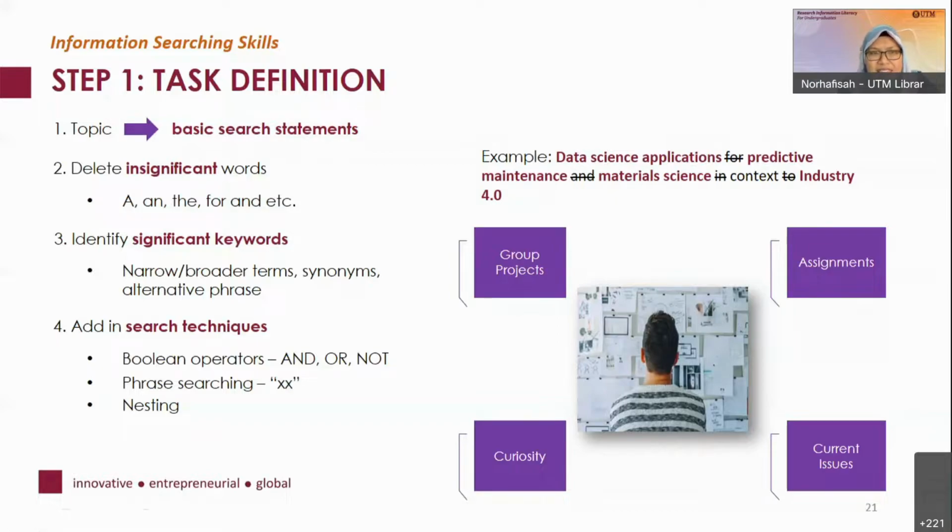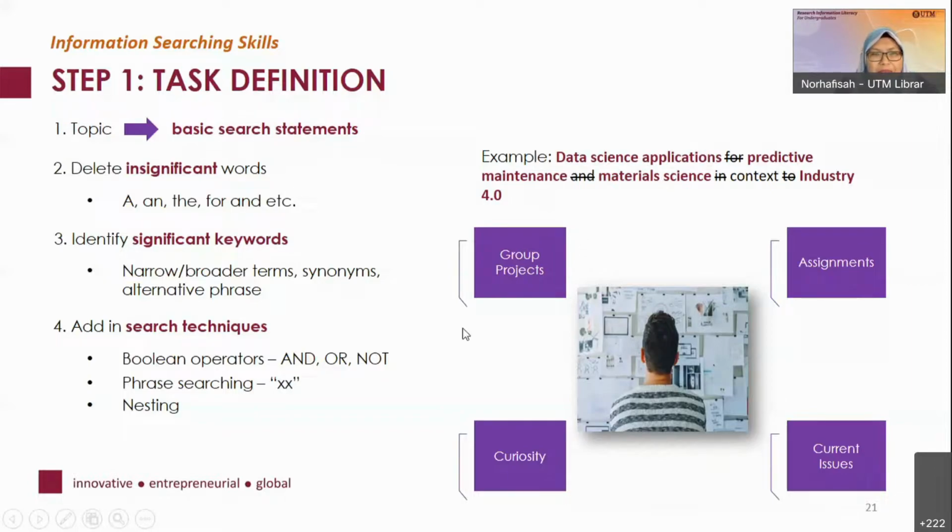That's why we go to find the information. First, you need to identify your topic, for example data science application for predictive maintenance and material science in context to Industry 4.0.